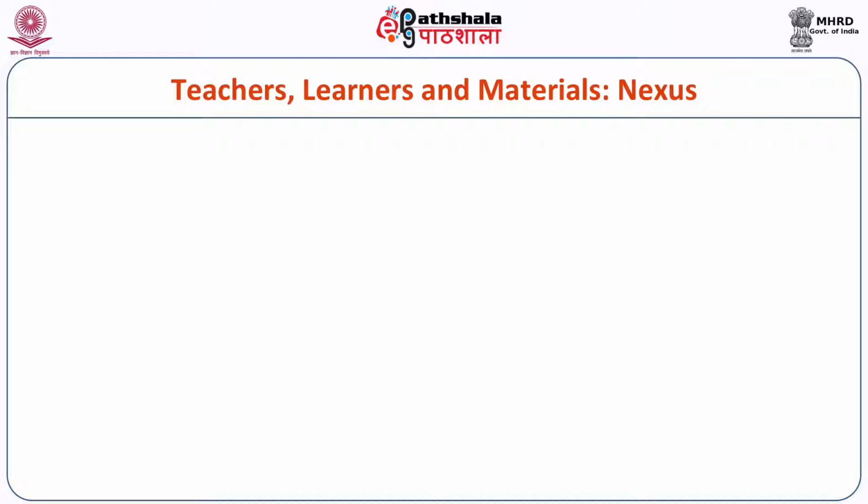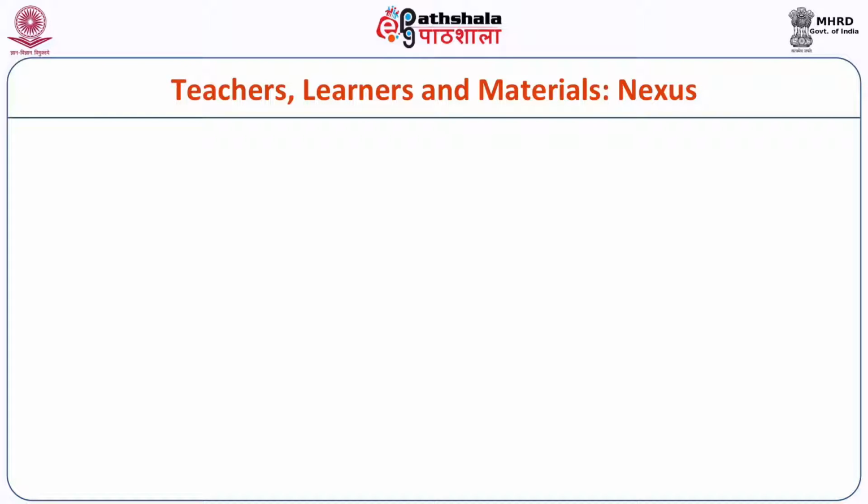So the material is the same, but it has been devised by the teacher in such a way that the learner's need is fulfilled and the learners learn it properly as per their background, their age and learning capabilities.